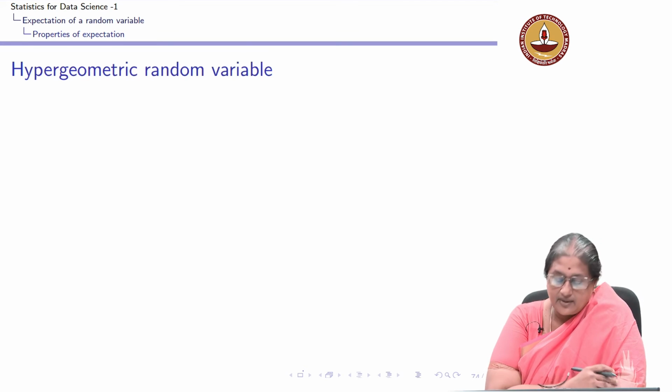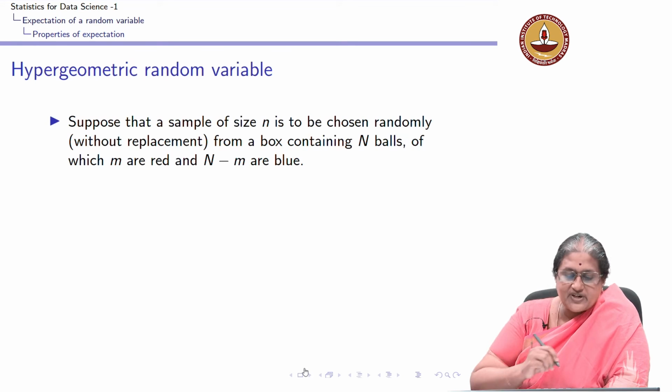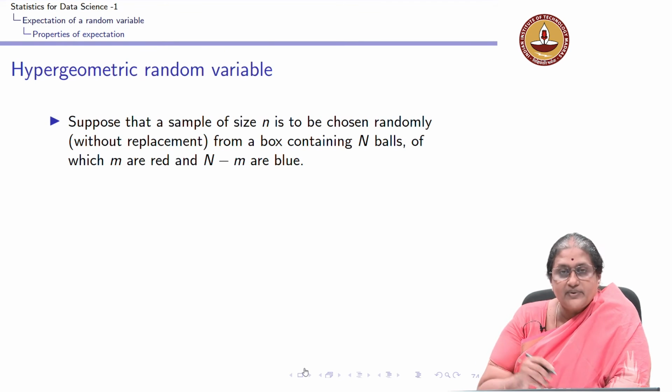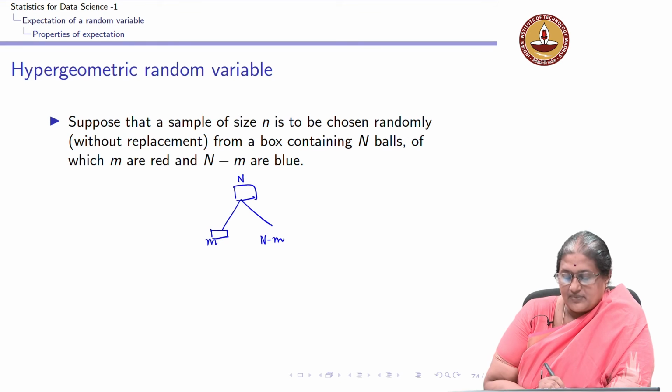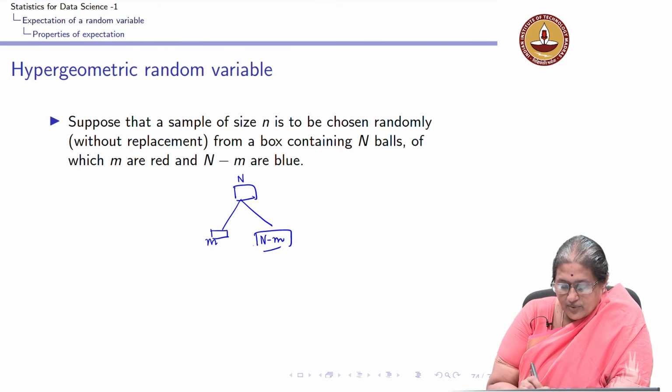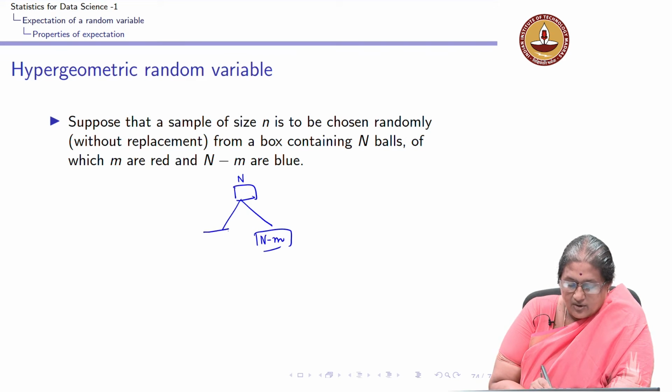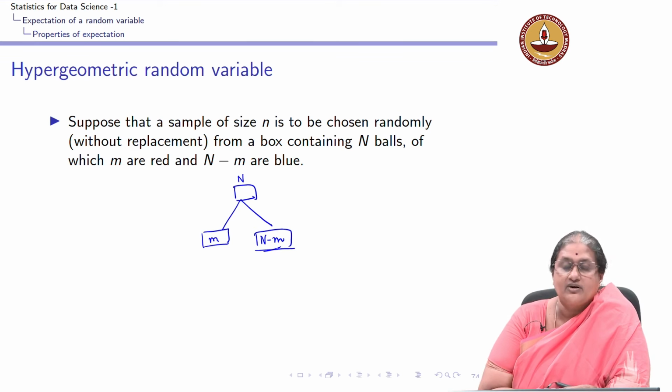hypergeometric random variable. For a hypergeometric random variable, suppose I have m of one type and n minus m of another type. I have a total of capital N balls, or N people, of which m are of one type and n minus m are of another type.